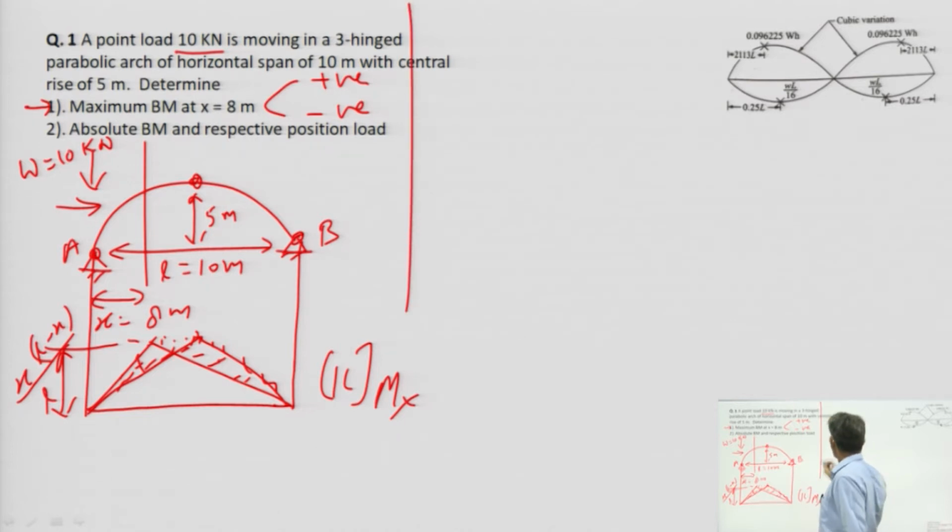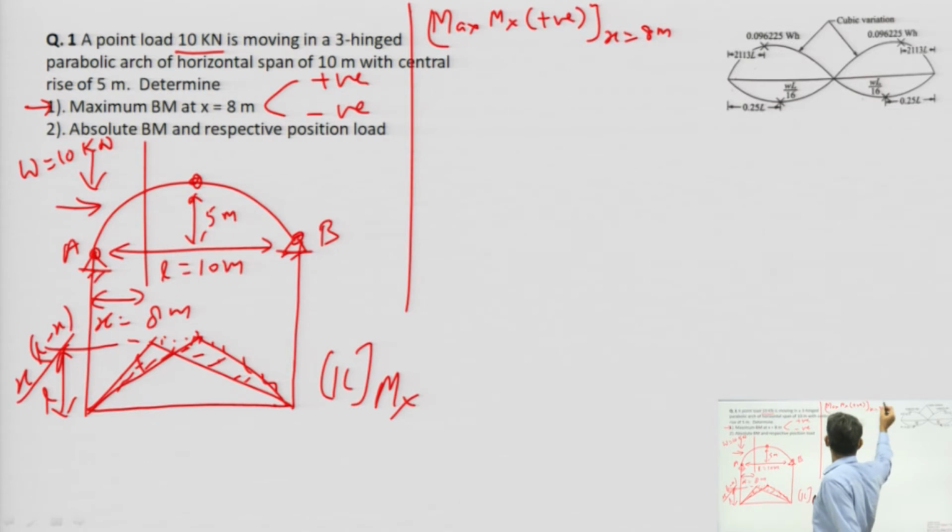So, let us calculate first of all the maximum bending moment Mx positive at x equal to 8 meter.